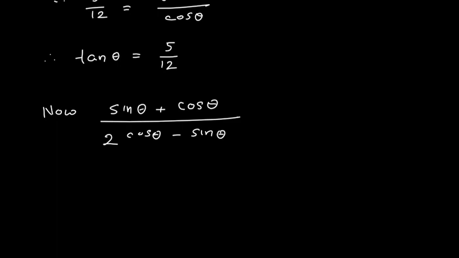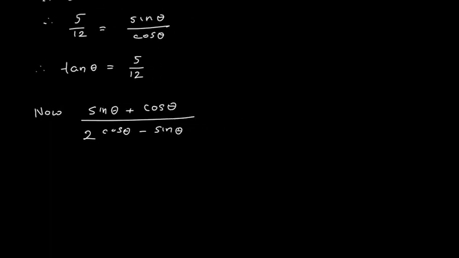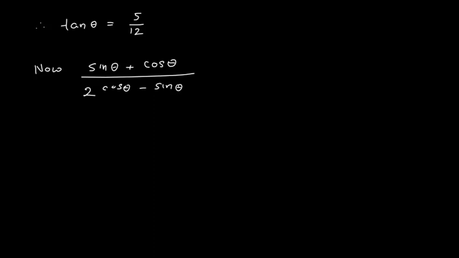What do we do here? We divide numerator and denominator by cos theta, so it will become tan. So now I will write A is equal to (sin theta plus cos theta).